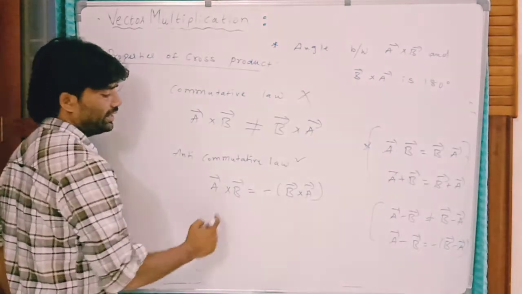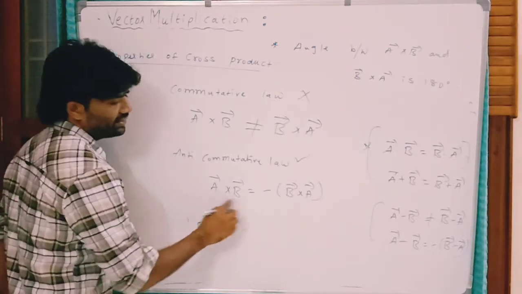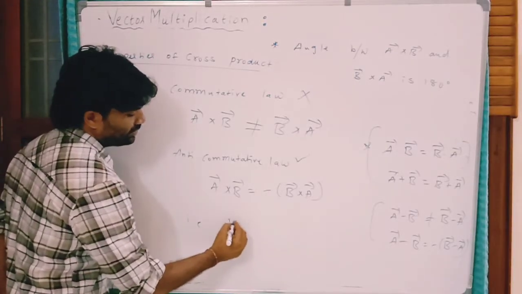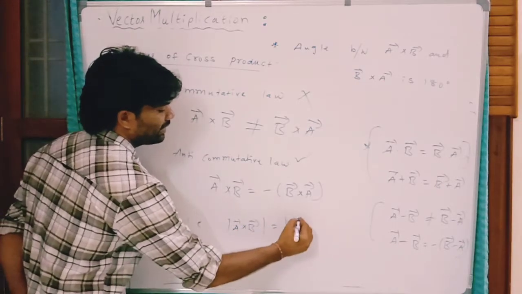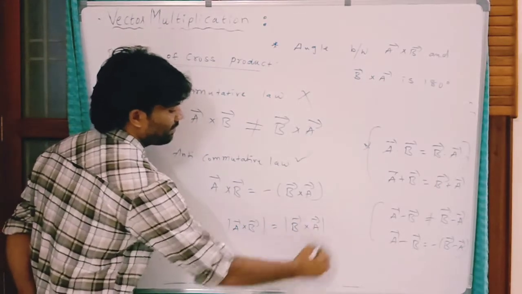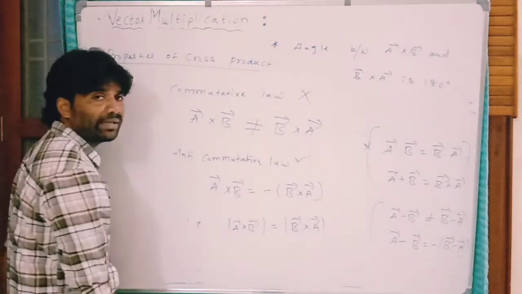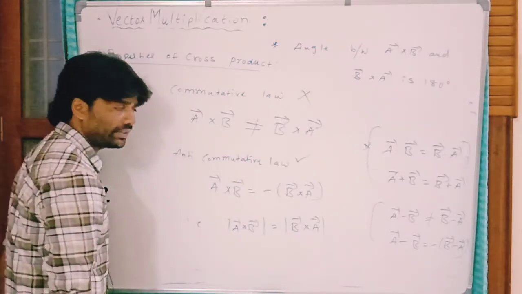These two are opposite in direction. What does this equation mean? It means what? The magnitude of A cross B is the same as the magnitude of B cross A. This magnitude and this magnitude are the same.